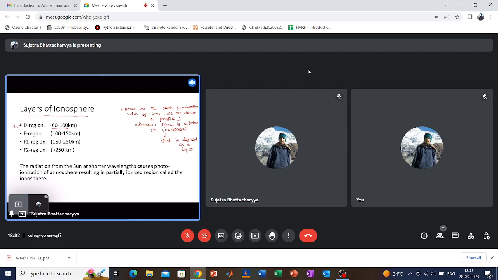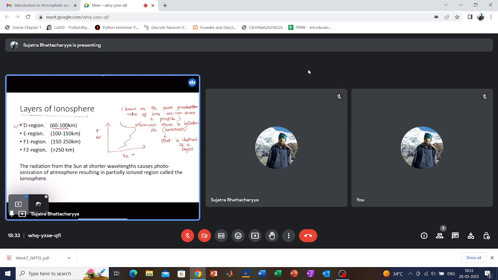Now, if you have this particular diagram, it is a general one, this is height, this is the number of electrons. Let us not consider the ions first, only the electrons which are present, and if you see the vertical profile, it comes out like this. Now where is the inflection point?